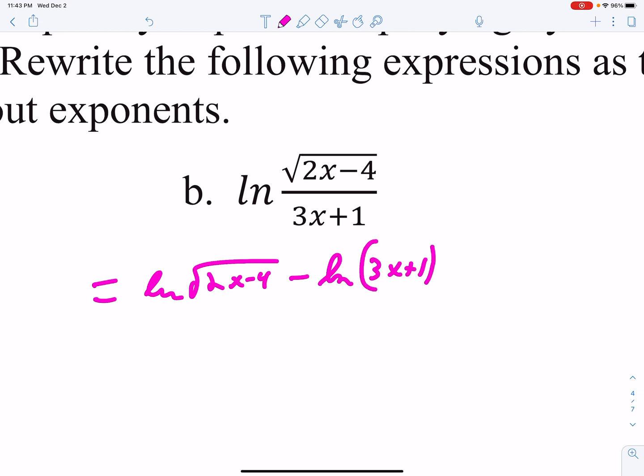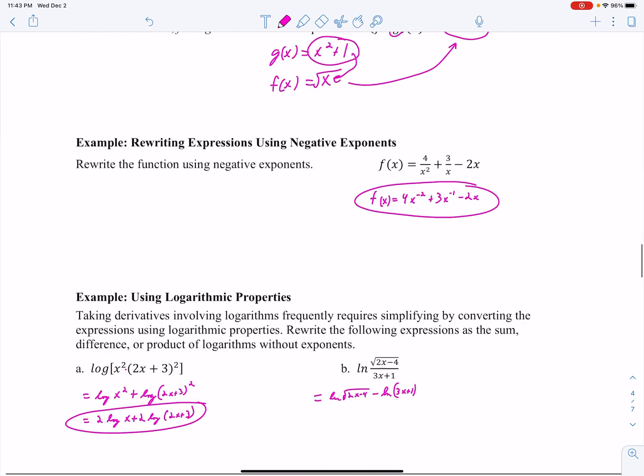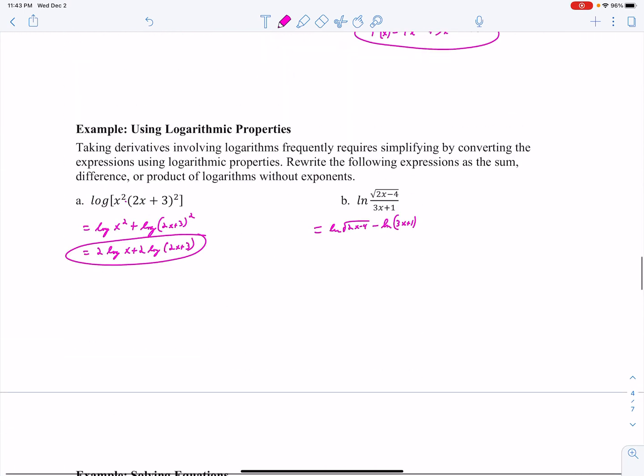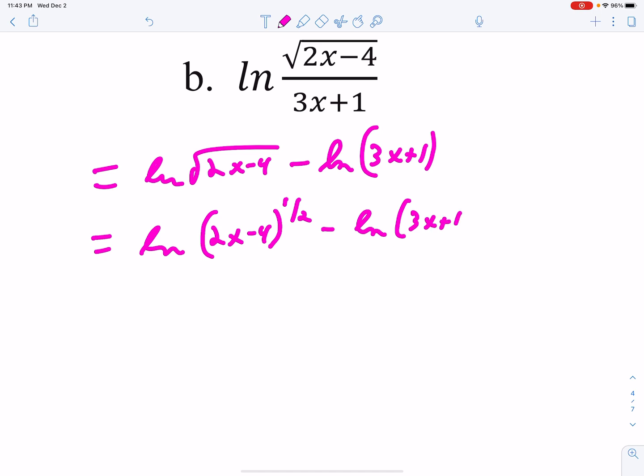All right, always top minus bottom, always. Now we can rewrite this for fun. So natural log of 2x minus 4 to the 1/2 power minus natural log of 3x plus 1.